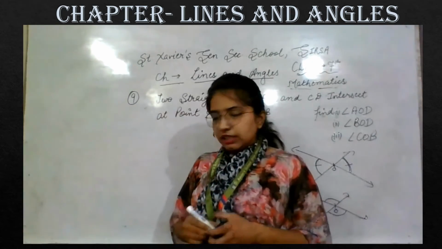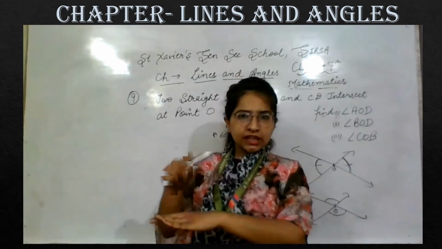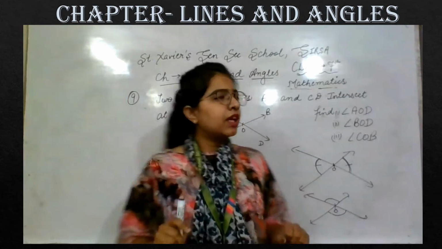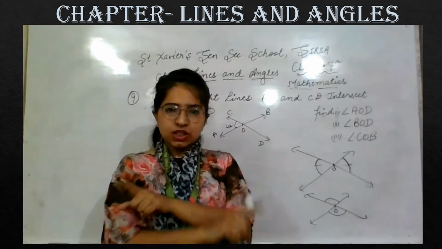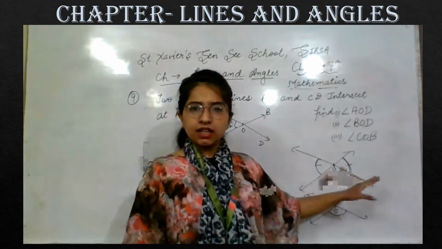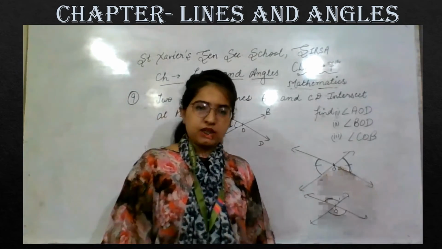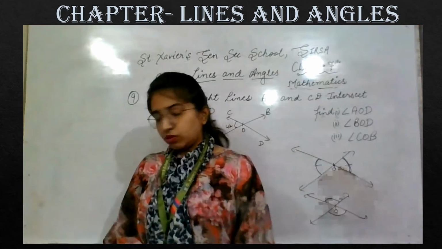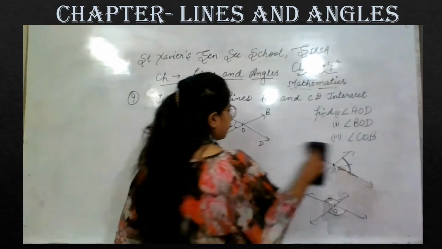Clear? Linear pair is on one line, the sum of two angles is 180 degrees. And vertical opposite is when two lines intersect each other, the pair of opposite angles from the intersecting point is equal, right? So now you will be able to do question number 9.